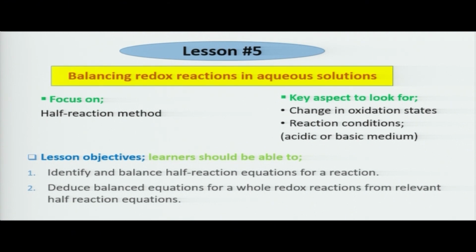Then when we balance those half sides, we can connect them to bring about the redox. So the first objective is to identify, then we balance each separately. The second is to combine and deduce a balanced redox reaction from the half equations. So that is what we're going to look at in today's lesson.